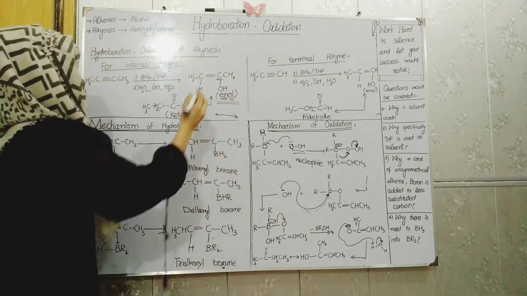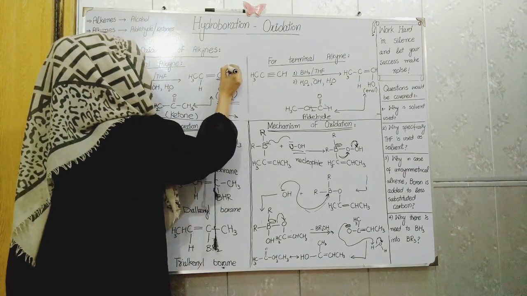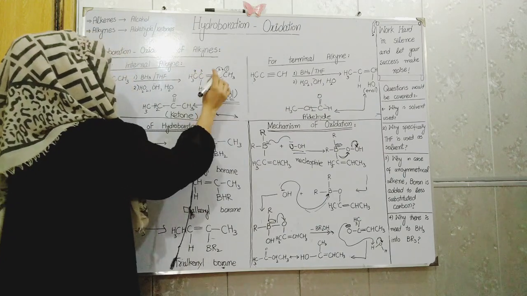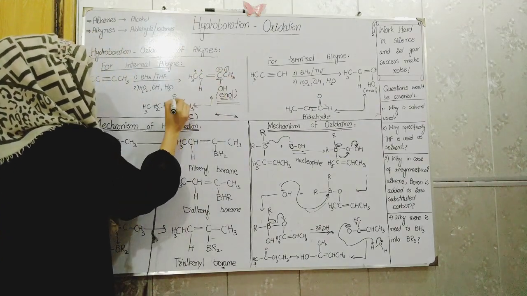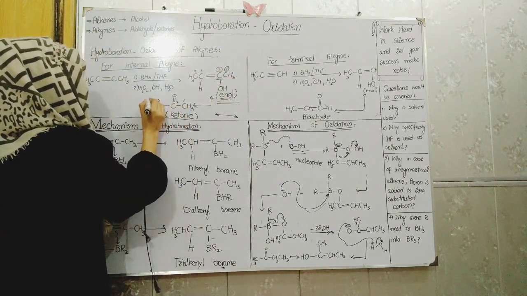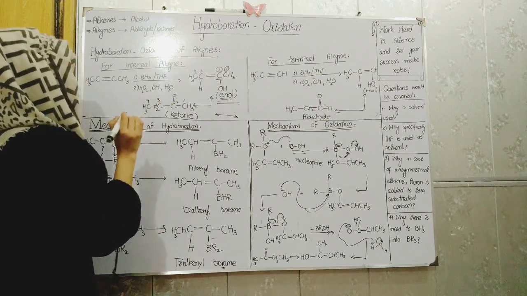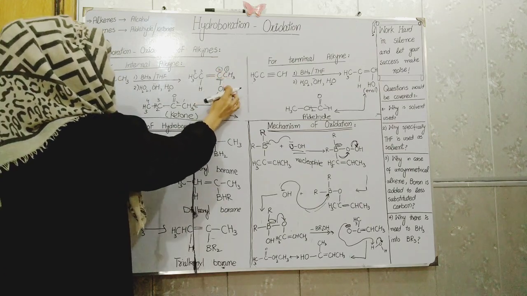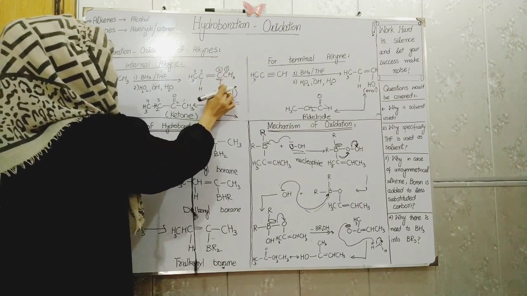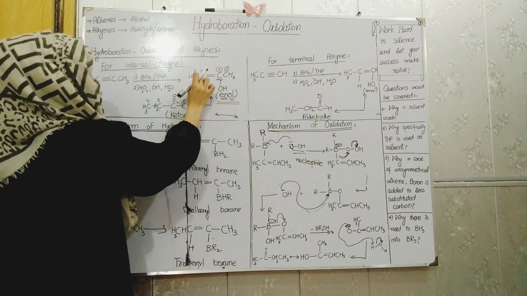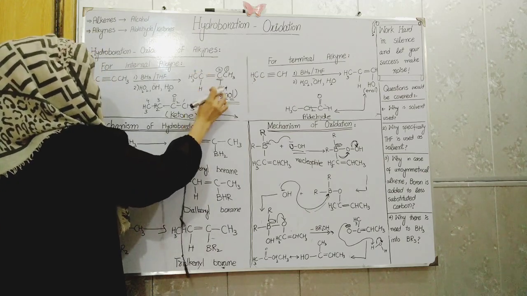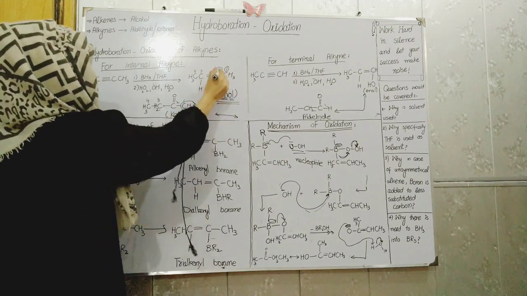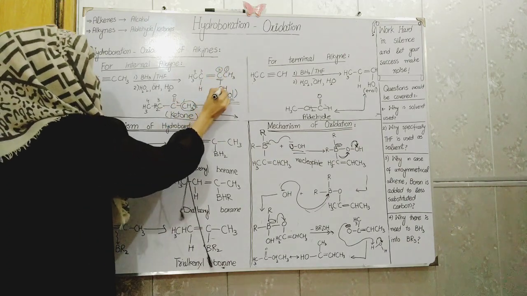Suppose we assign numbers 1, 2, 3 and 4: carbon number 1, number 2, number 3 and number 4. Carbon number 2 is attached to the OH group. So this H will move from that oxygen to the carbon number 3. One methyl group is present, 1 carbon as such, and carbon 2 contains a hydroxyl group.